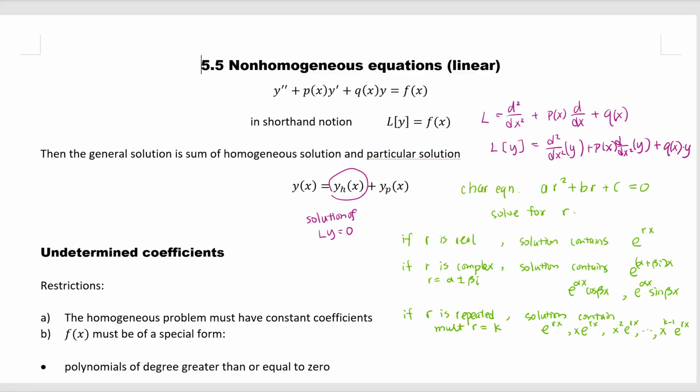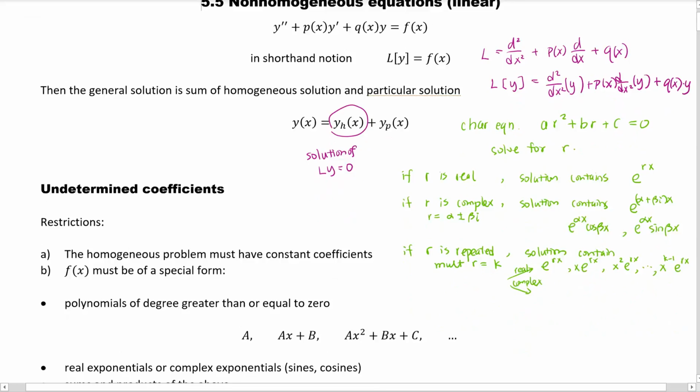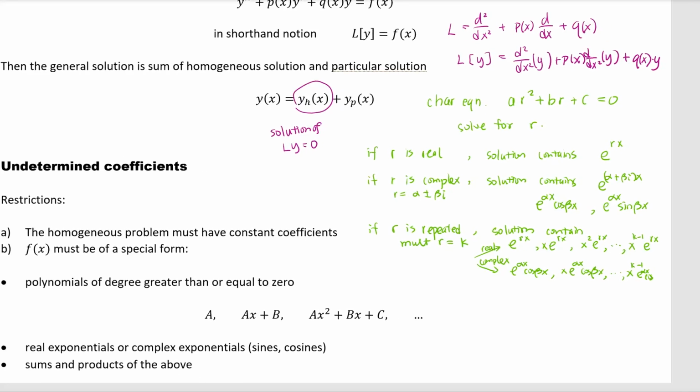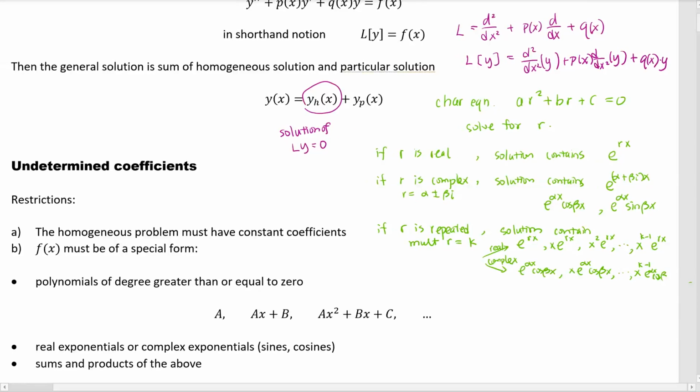If r is complex, then you get the original term e to the alpha x cosine beta x, and you keep multiplying by x. So x e to the alpha x cosine beta x, until you reach x to the k minus 1 times e to the alpha x cosine beta x.